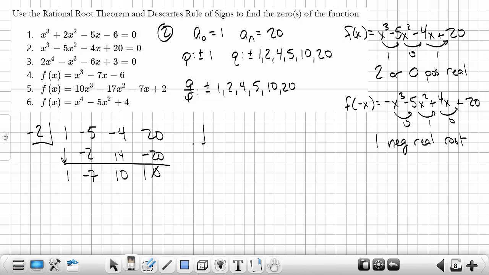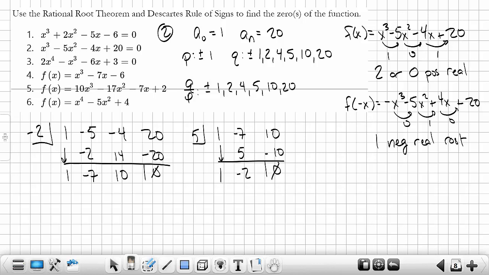So I'm going to do it again. Now I'm going to try to find my 2 positive, but it could be 0 positives. I'm going to try, what? It's either 1, 2, 4, 5, 10, or 20. Let's try 5. That makes 5, that makes negative 2, that makes negative 10.